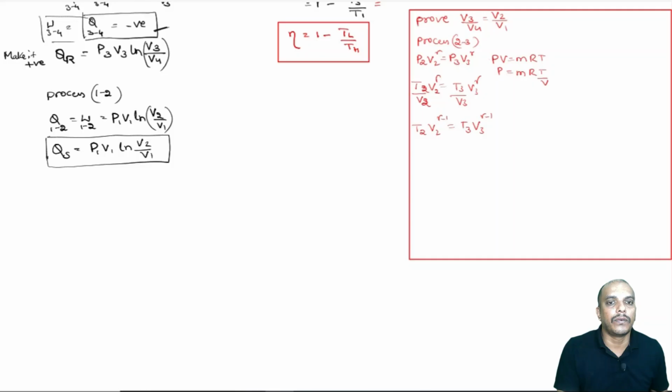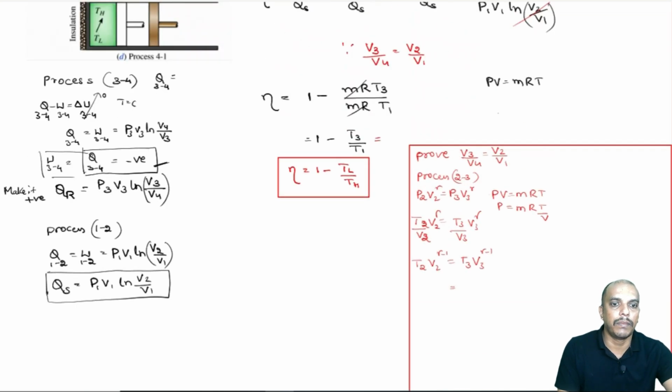Okay. Now we have an expression where we would like to prove V3 by V4, right? So V3 by V2, I will keep it in the form of V3 by V2, that would be good. So V3 by V2 power gamma minus 1 is equal to T2 by T3.